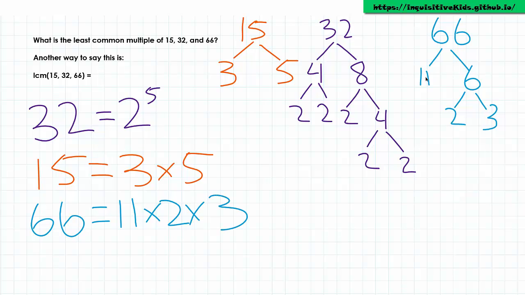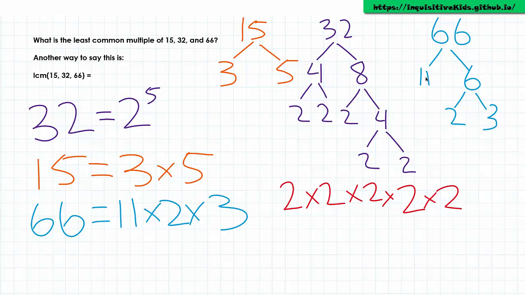We know that 32 has five 2s. 66 needs to have one 11, one 2, and one 3.